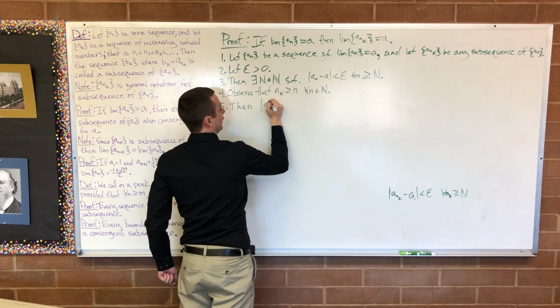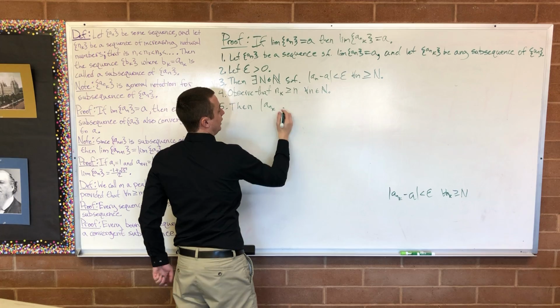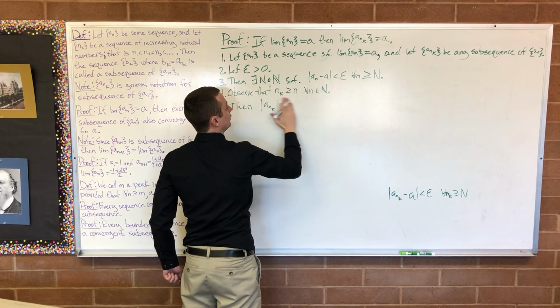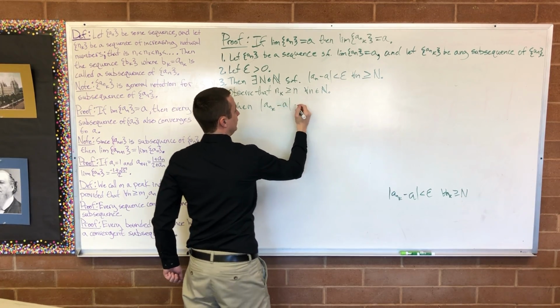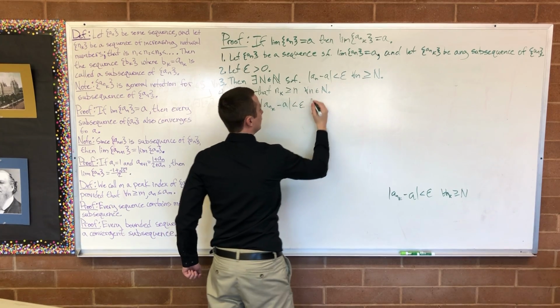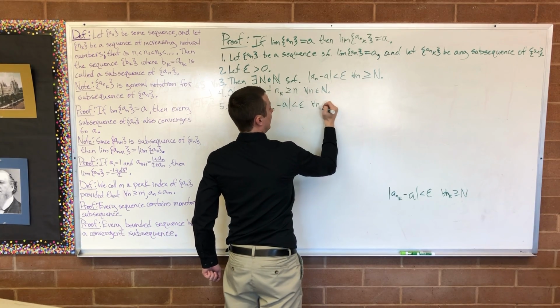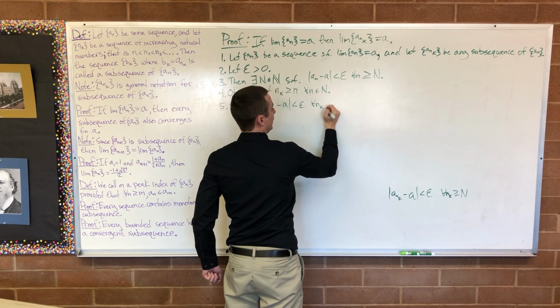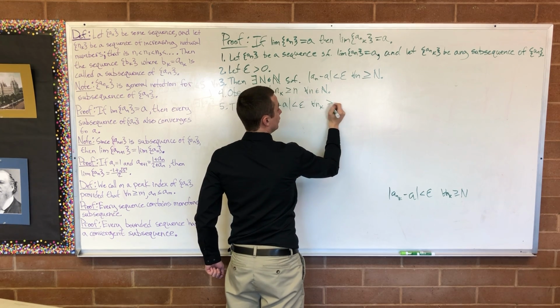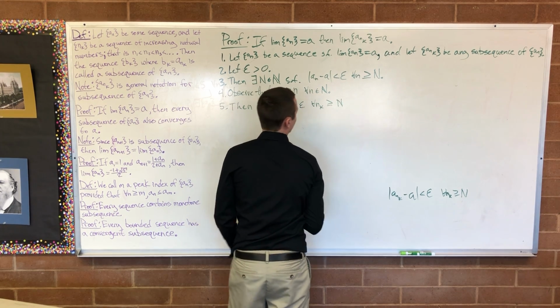Then the absolute value of a sub n sub k minus a is less than epsilon for all n sub k greater than or equal to n.